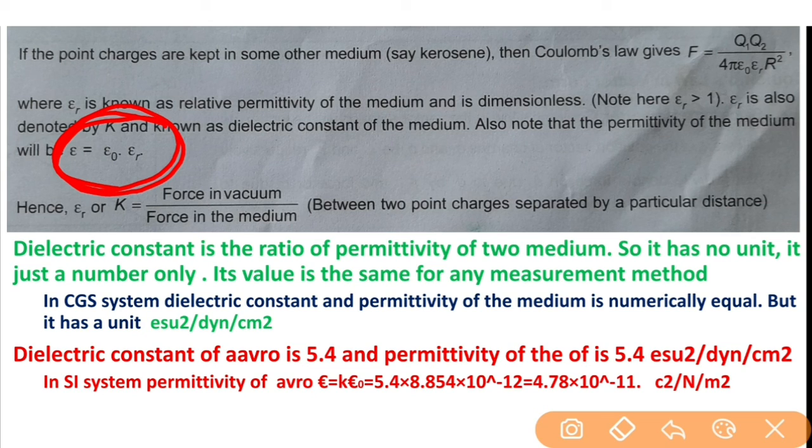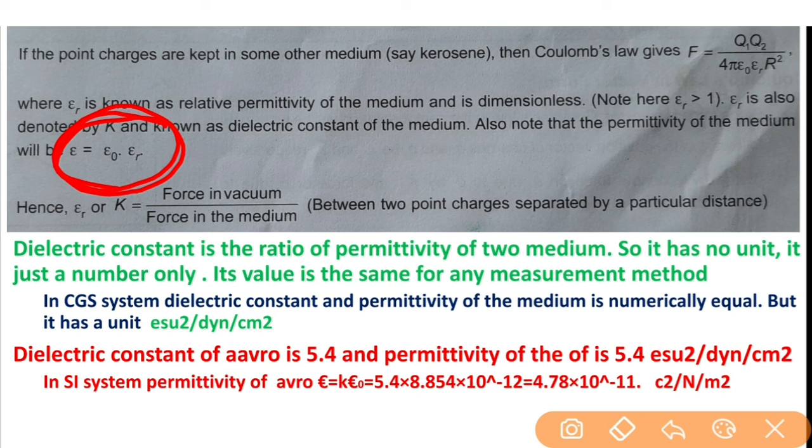Now we can also say that k equals force in vacuum divided by force in the medium. So the dielectric constant is the ratio of permittivity of two media.